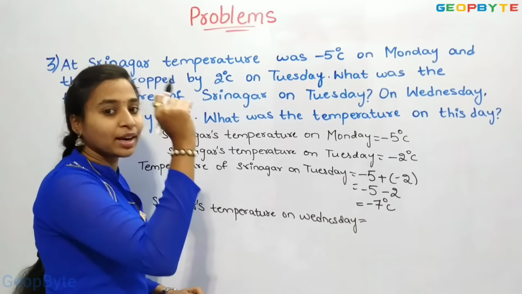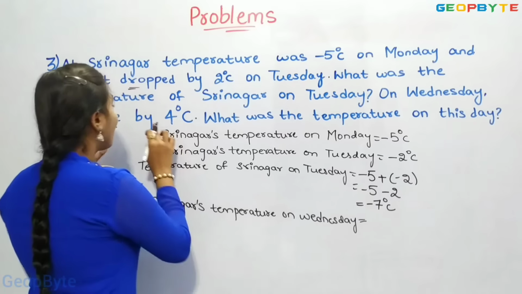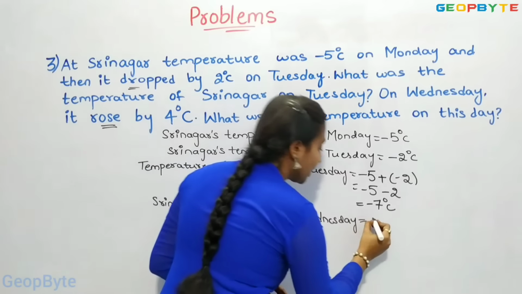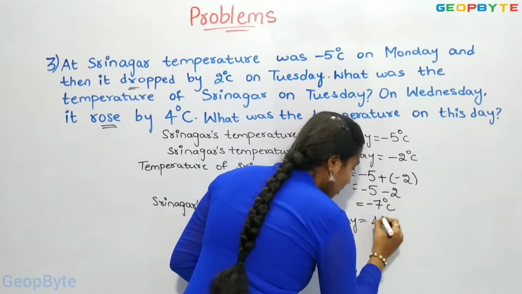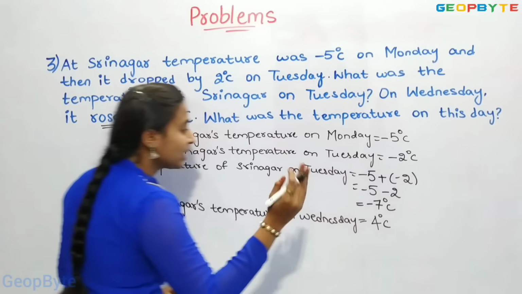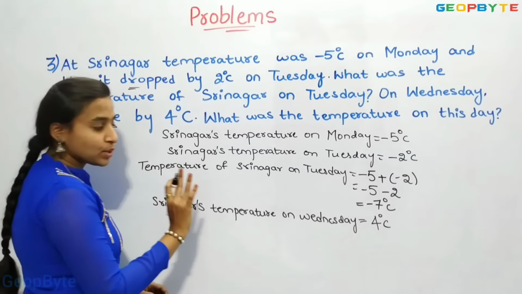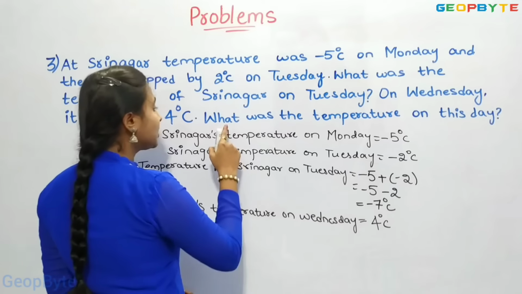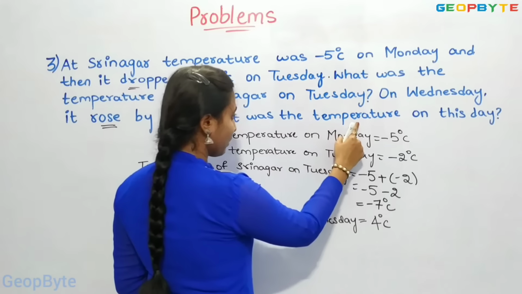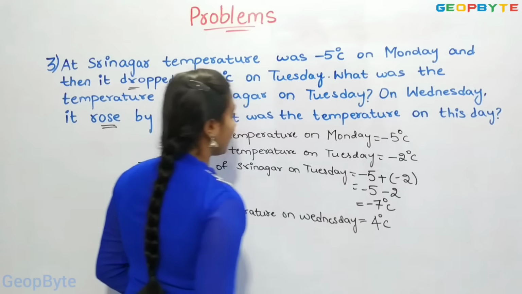Rose means rise up. So, by 4 degrees Celsius, that is plus 4. It increased, so it is plus only. Now, what they have asked, what was the temperature on this day?